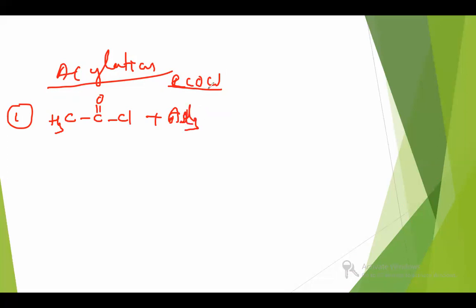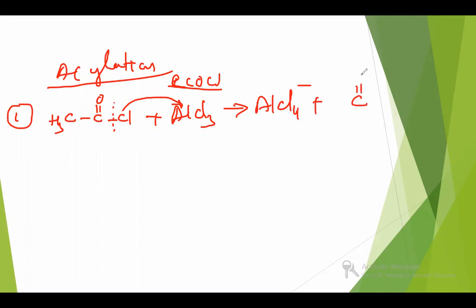AlCl3 separates this chlorine and combines with it, forming the AlCl4 minus complex ion. Along with that, the formation of CH3C double bond O, deficient of an electron, will form a positive charge.